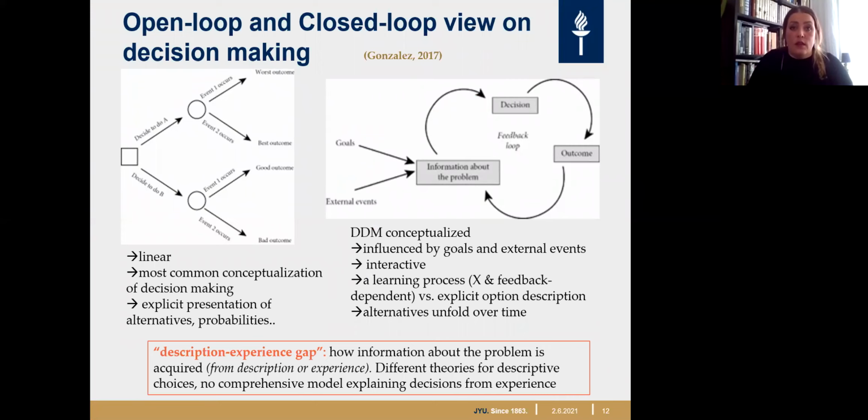So, the first issue to introduce is the open loop and closed loop view on decision making. This open loop and closed loop view is from a book chapter by Cleotilde Gonzalez.